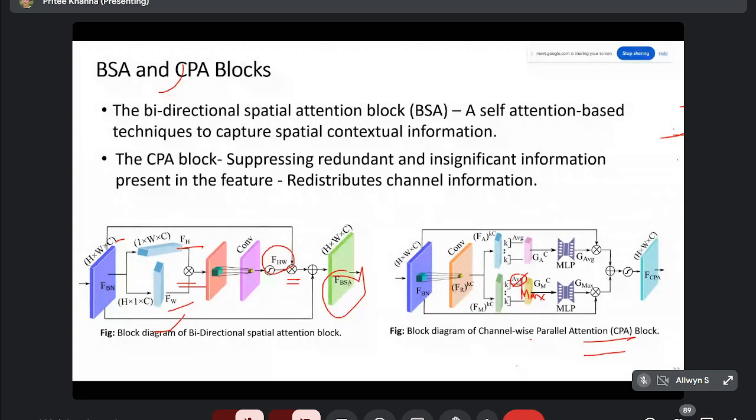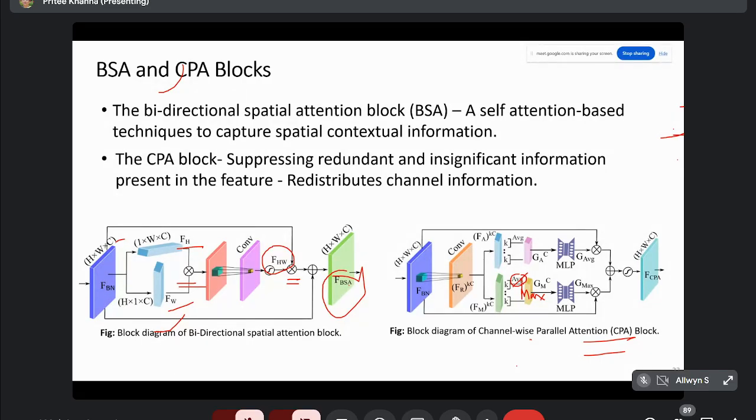In the CPA, see the channel attention, sorry, although each channel contains important information, there might be some redundant data. If you carry on this redundant information, there will be unnecessary computation and unnecessary storage.